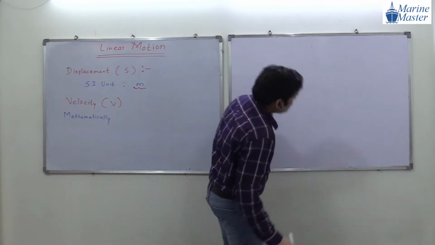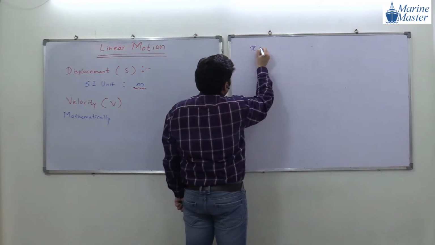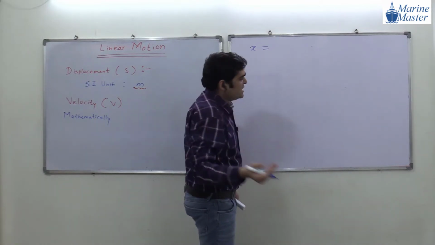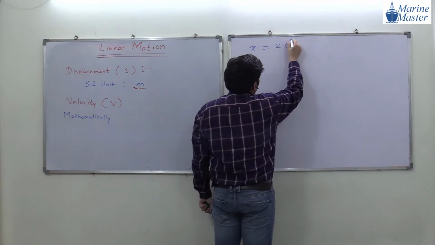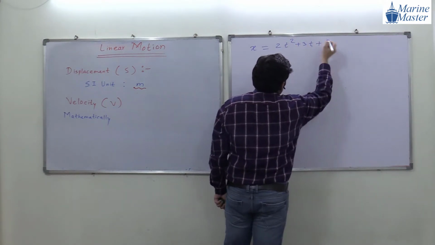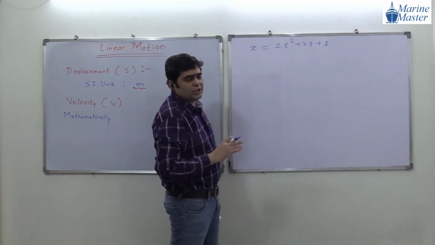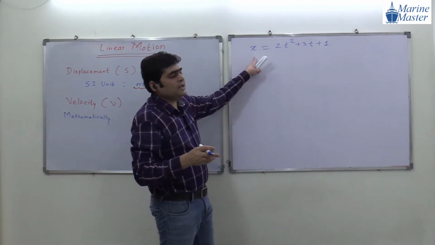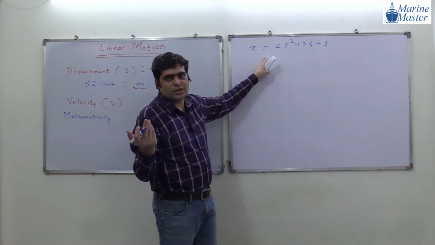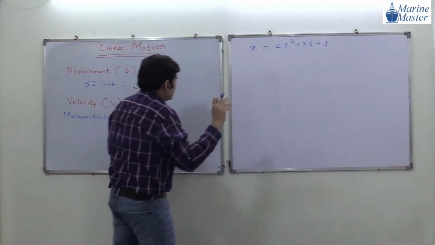They may have given x, which is displacement, in terms of t, for example 2t square plus 3t plus 1. Suppose this is a question and we have to find the expression of velocity.